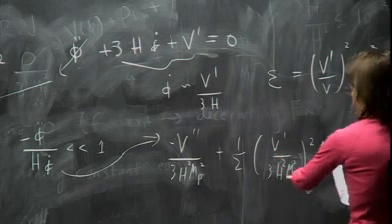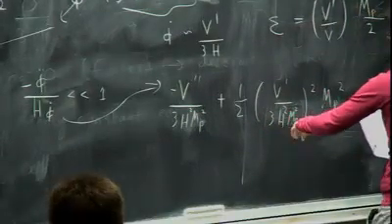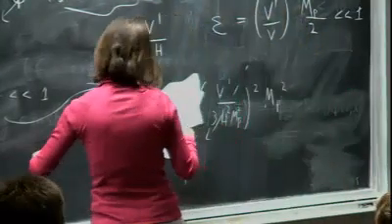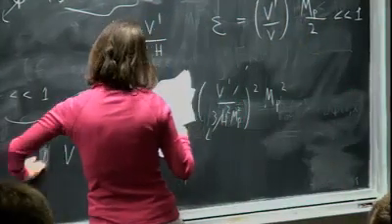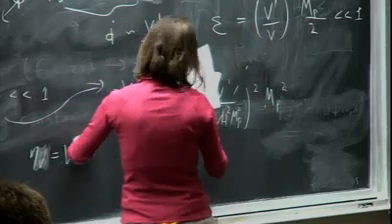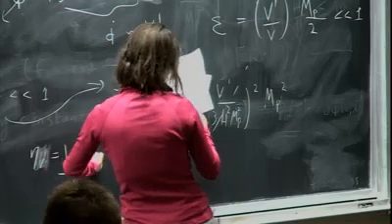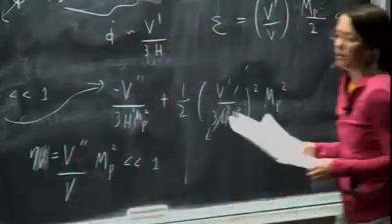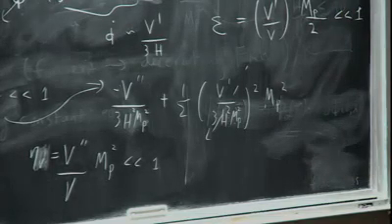So in other words, we already said epsilon needed to be small, and we also need what is usually referred to as eta sub V, the potential energy form of the second slow roll parameter, to also be small. Okay, so these are the famous slow roll conditions.